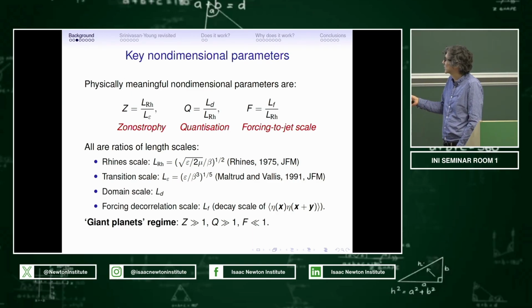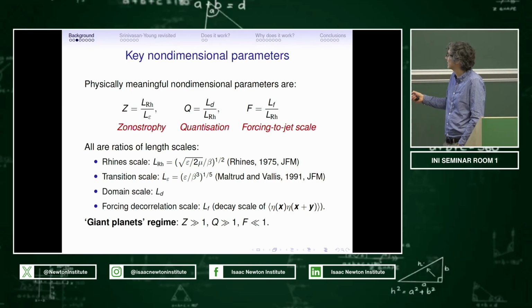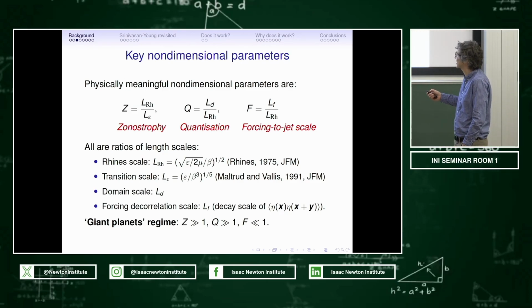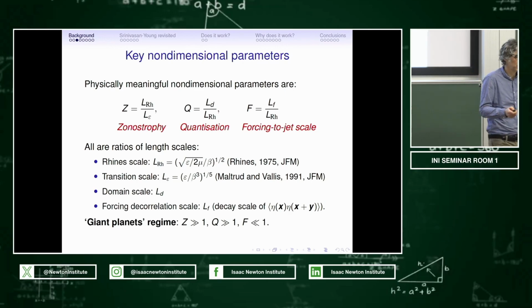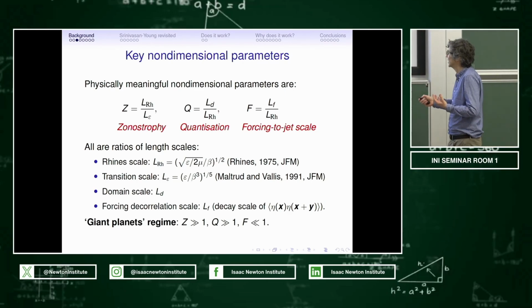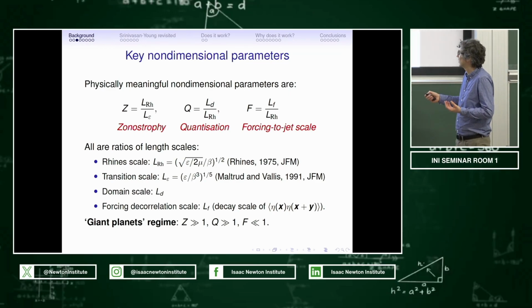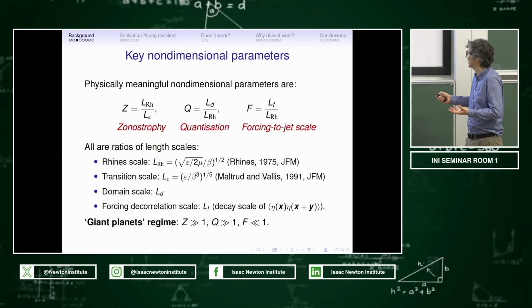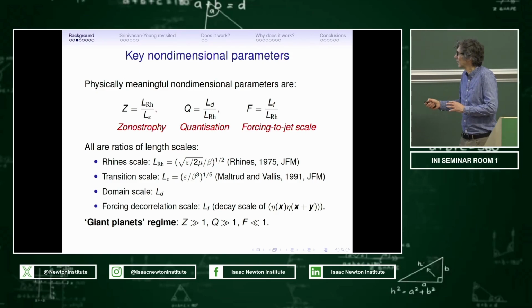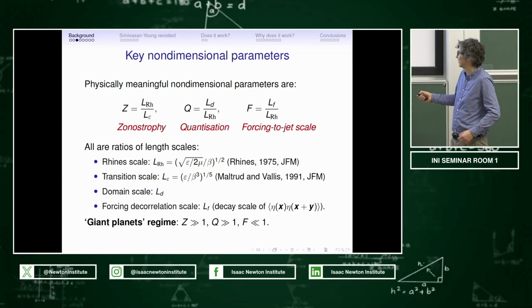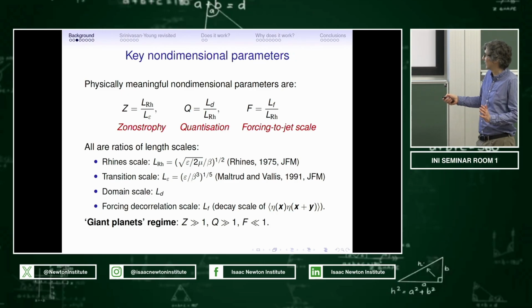There's also what's called a transition scale, which is the scale at which the energy you're putting into the system enters into Rossby waves. If you're injecting energy at scales larger than this L epsilon, it goes into just turbulent fluctuations at scales below this scale. And then there's the domain scale, and we're going to be working on a doubly periodic domain.